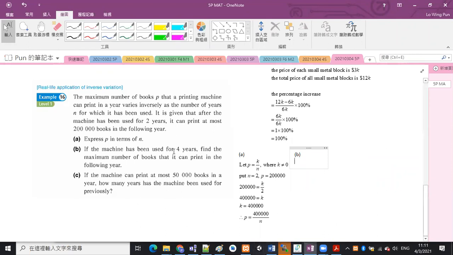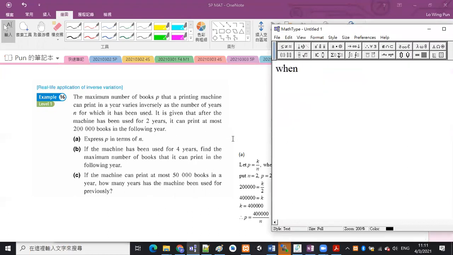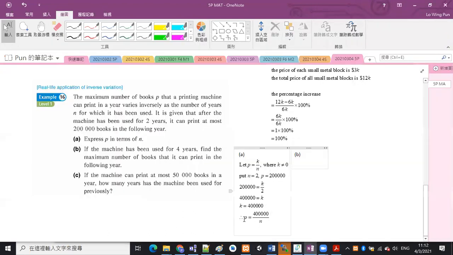好啦，跟住 part B，if the machine has been used for 4 years, find the maximum number of books that it can print in the following year. 咁當佢用咗4年之後咧，咁究竟之後1年裏邊最多可以 print 幾多本書咧？個4年個4字係咪要塞入去個 n 嗰度？跟住要計嘅就係 maximum number of books， 但 maximum number of books 咪即係 P 咯。即係我哋要 when n 等於4，跟住 calculate the P。OK， so when n is equal to 4, P can be calculated by this formula.